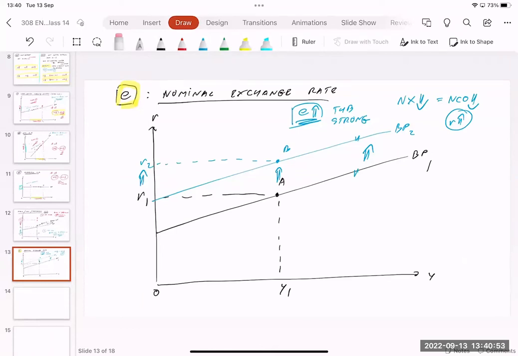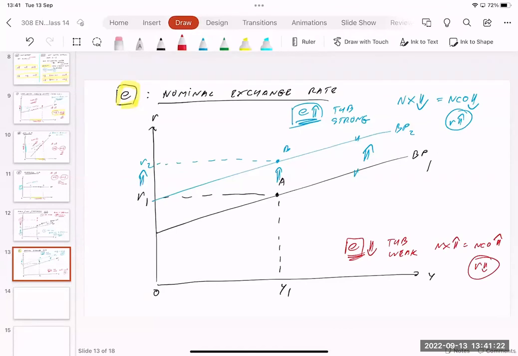On the other hand, in the red color, if the nominal exchange rate goes down, it means that the Thai baht becomes weak. When the Thai baht becomes weak, we can export more and import less, and NX will increase. If NX increases, we have to make NCO increase in the same way. How to make NCO increase? How to make the capital flow out? We need to lower the real interest rate.